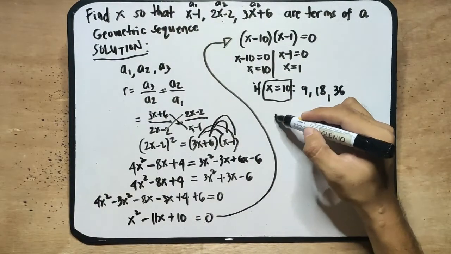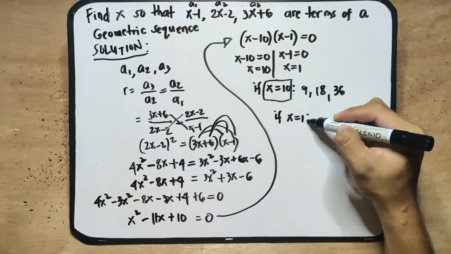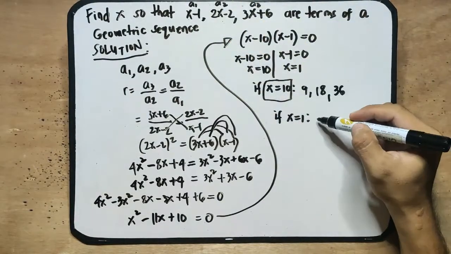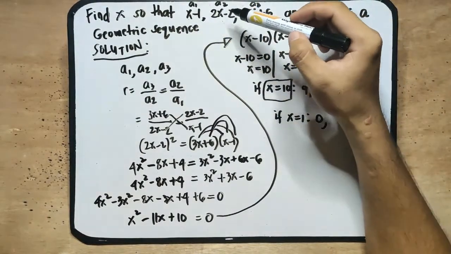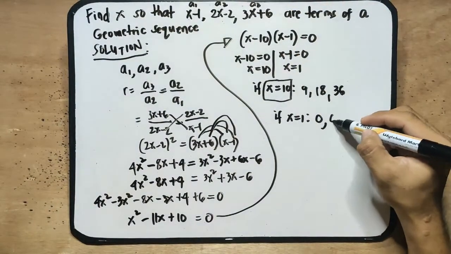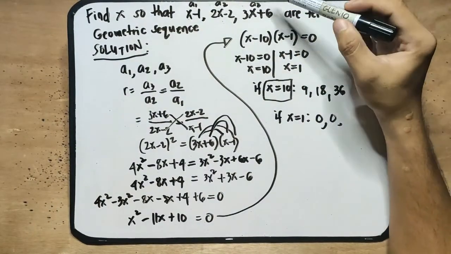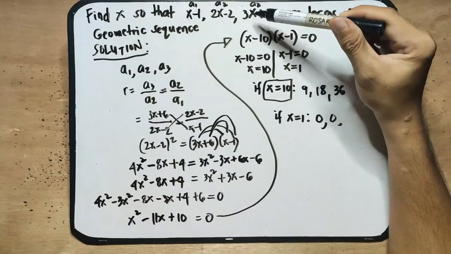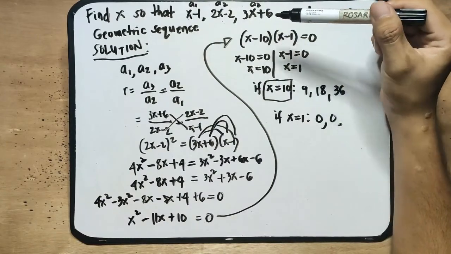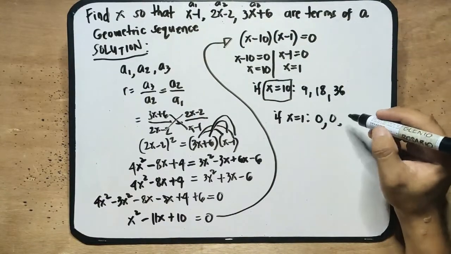Ito rin natin si 1. If x is equal to 1, then we have 1 minus 1 is 0. 2 times 1 is 2. 2 minus 2 is 0. 3 times 1 plus 6 is 9.